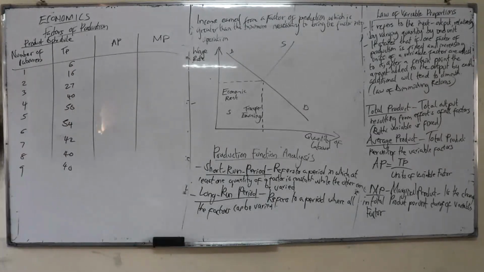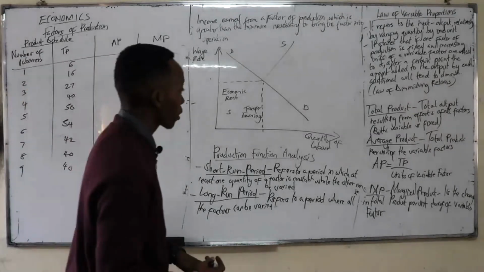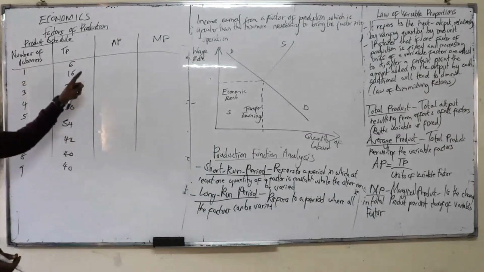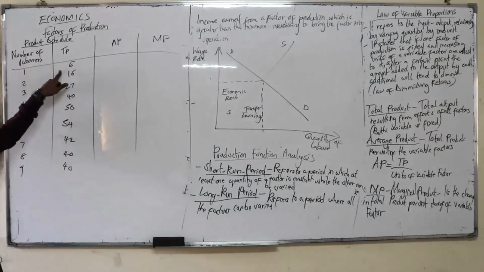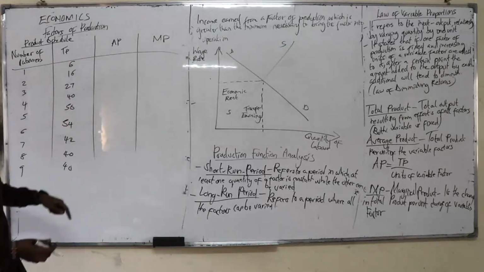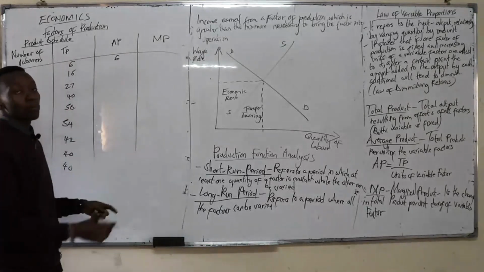I want to show you how this is calculated. For example, the average product will be the total product over the number of laborers, so this one will be 6. What about the marginal product?